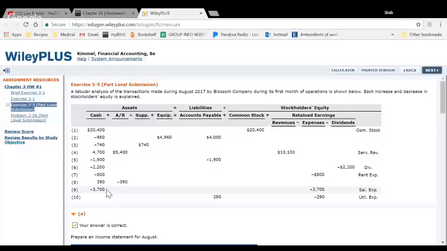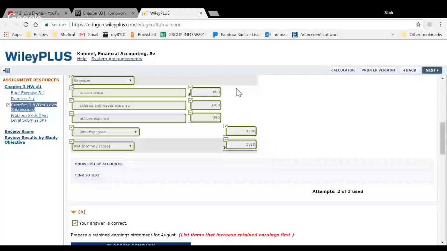That gives us a total of $15,190. Accounts receivable is here in this column. $5,400. Take away $390. And down here at the bottom, the answer is $5,010.